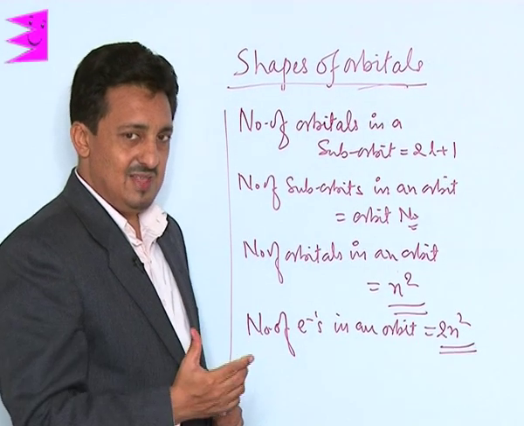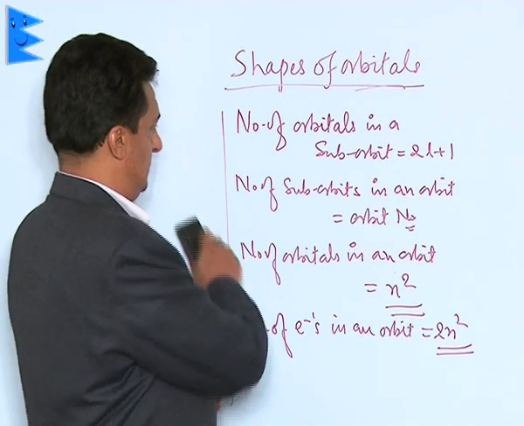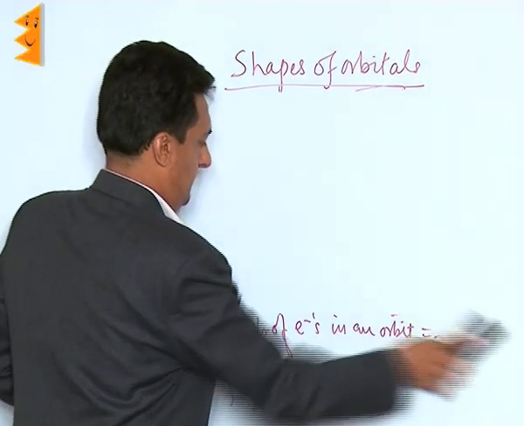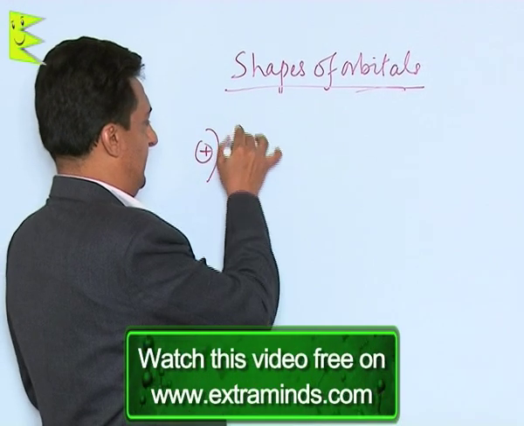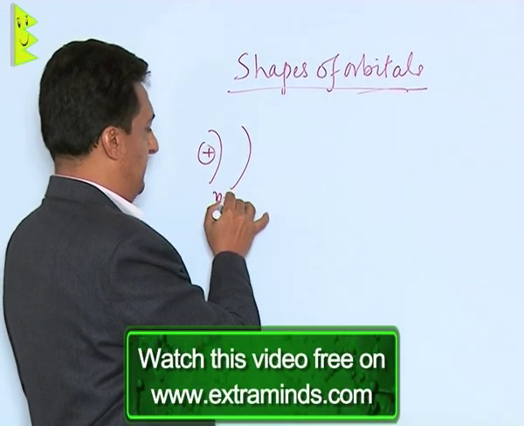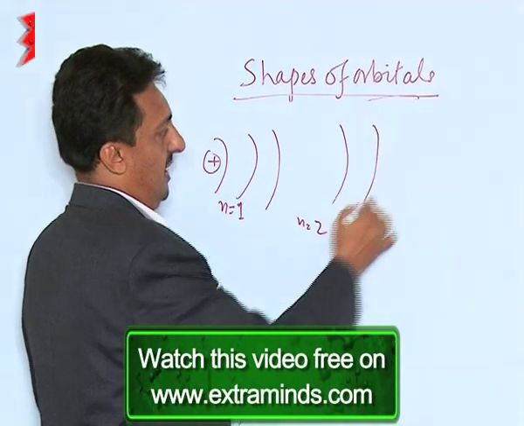Let us see all this in the form of a diagram. Suppose this is your nucleus. This is the first orbit, this is the second orbit, and this is the third orbit.